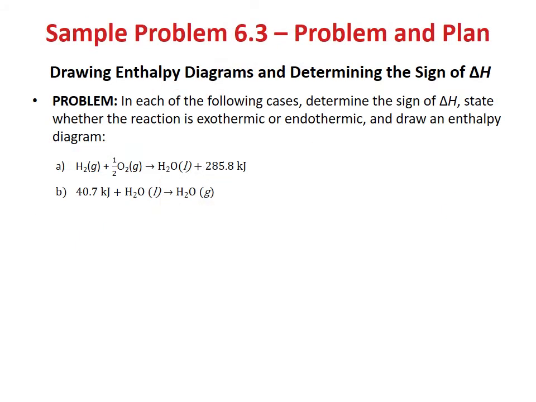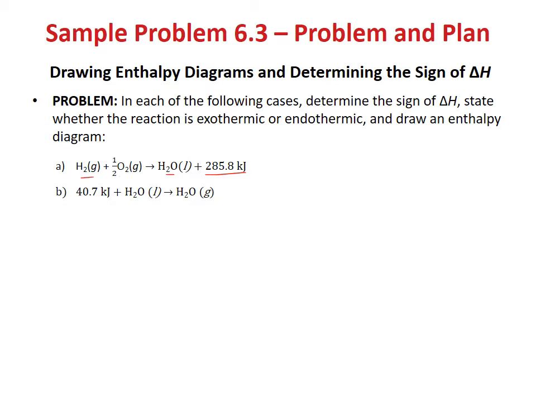Sample problem 6.3. In each of the following cases, determine the sign of delta H. State whether the reaction is exothermic or endothermic, and draw an enthalpy diagram. In the first reaction, the reactants are hydrogen gas and oxygen gas, and the product is water plus heat. So in this case, heat is a product.